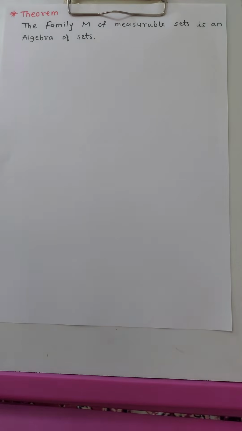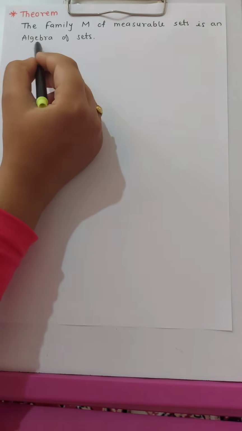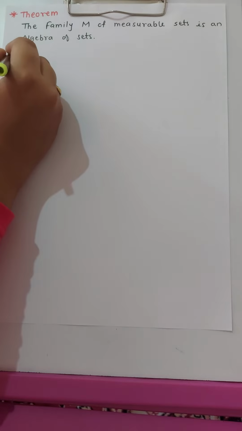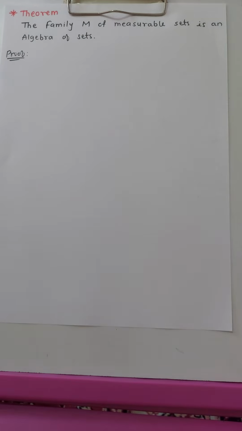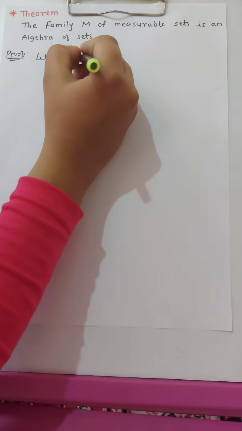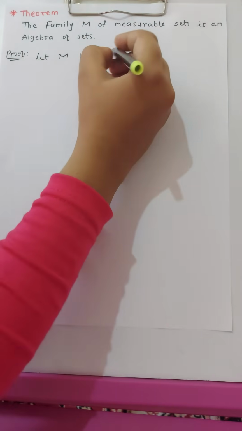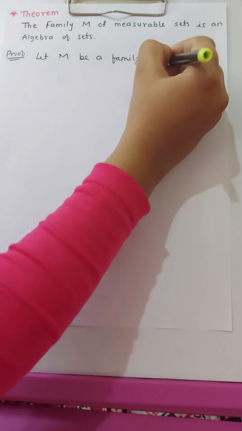So, the first theorem is that we have to prove that the family M of measurable sets is an algebra of sets. So, let's start with the proof. Here M is the family of measurable sets, that is, M is a collection of measurable sets.